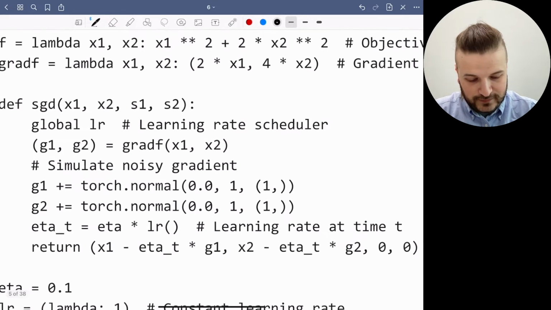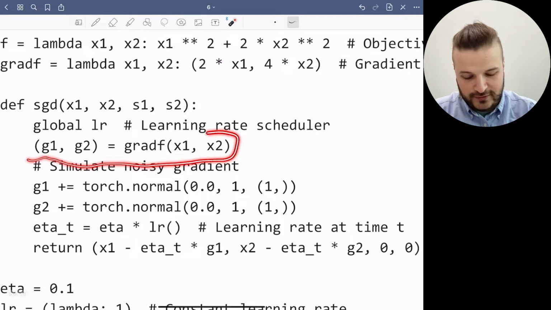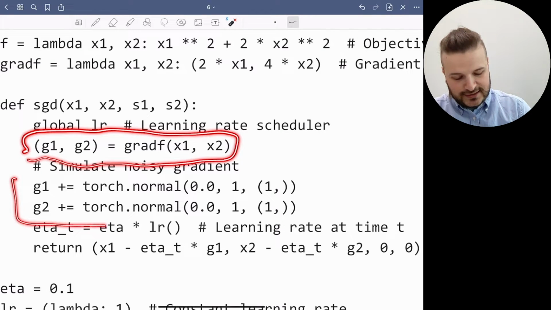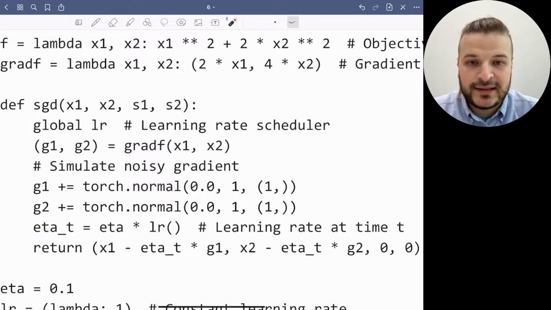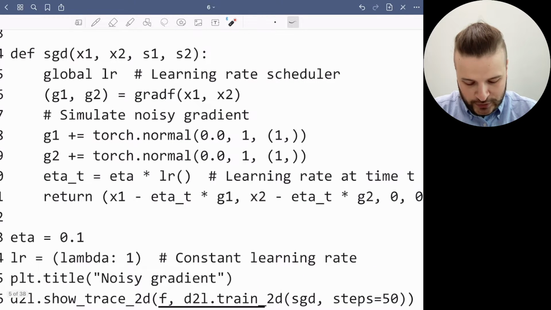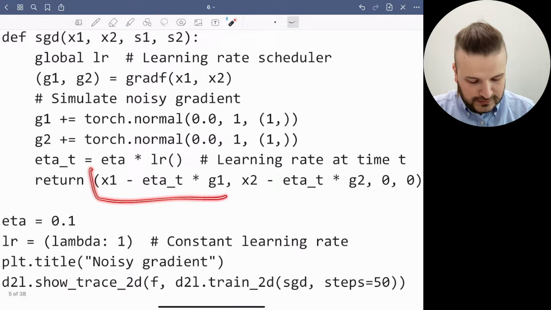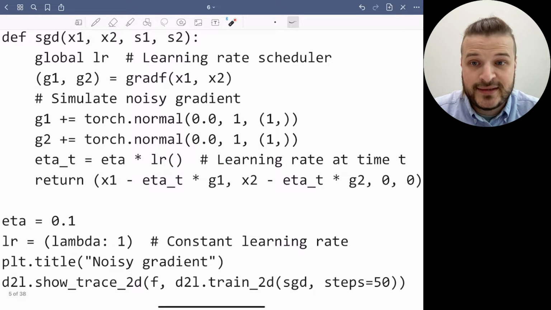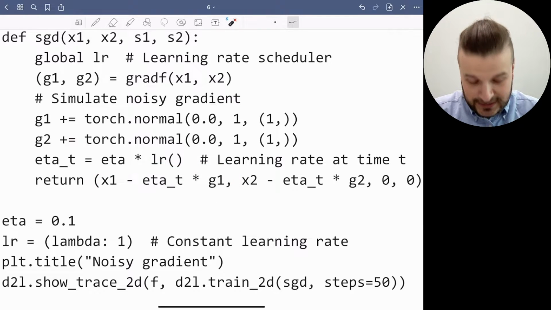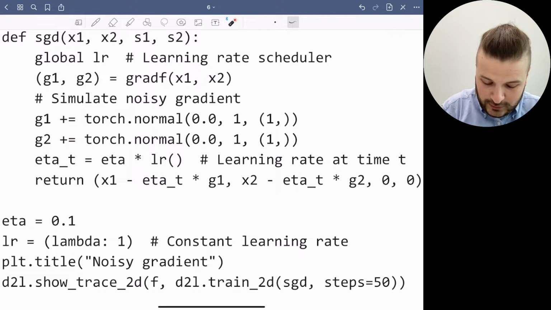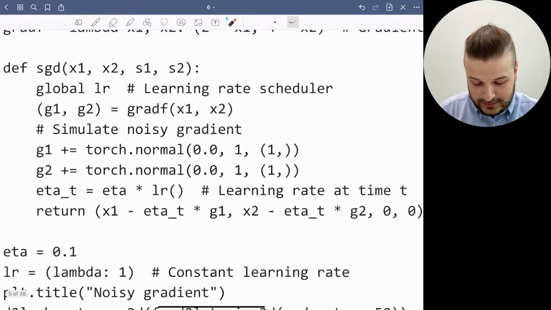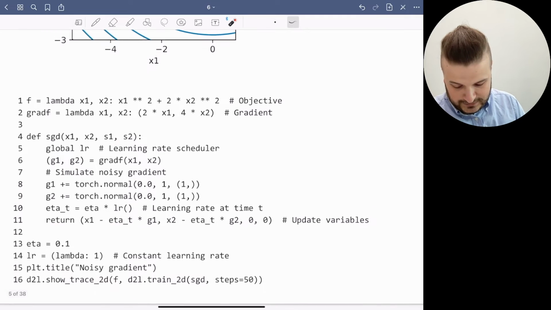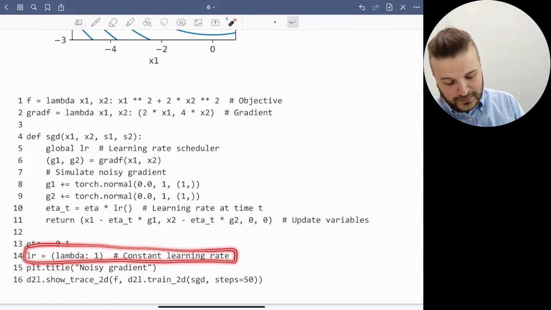That's the calculation of the true gradient, and that's some noise addition with zero mean. And we're just going in the anti-gradient direction with step eta t. But eta stands for the constant learning rate here. Let's verify it, because yes, LR is the constant learning rate.